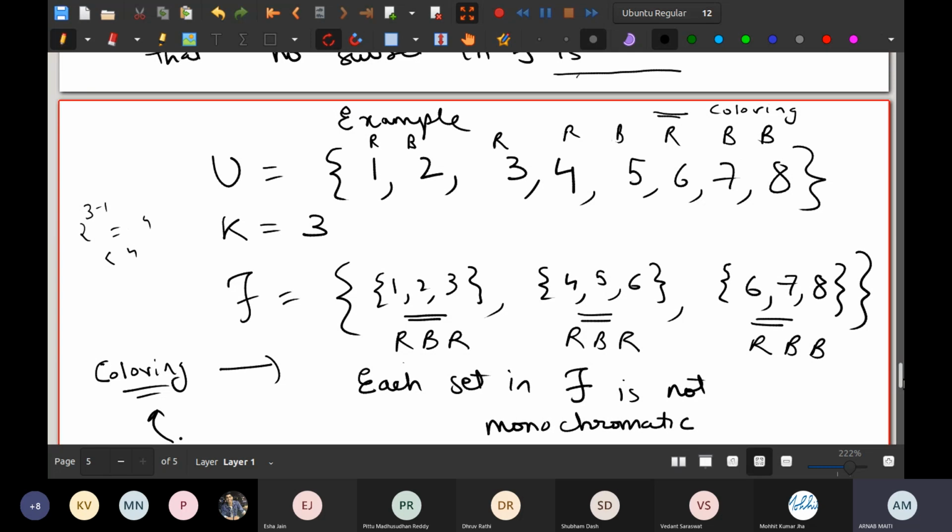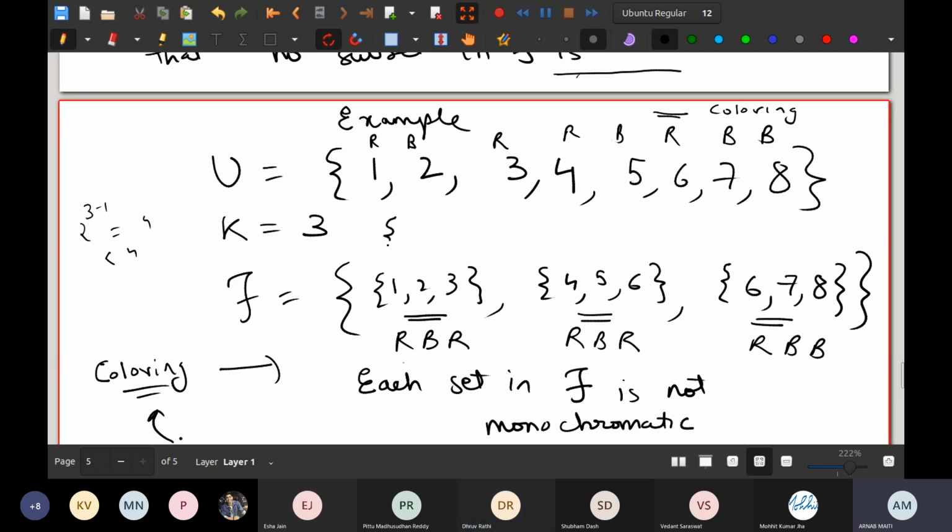So I hope the problem statement is clear, right? So whoever asked it, is it clear now? In the example you gave, if we take a subset of 1, 3, and 4. Say okay. So then we have to go for a different coloring. But the question is, there will be one such coloring.